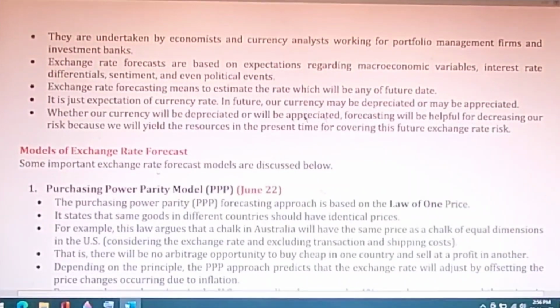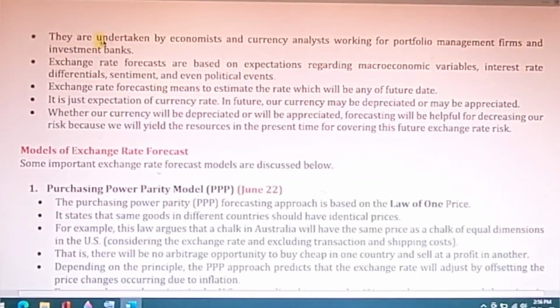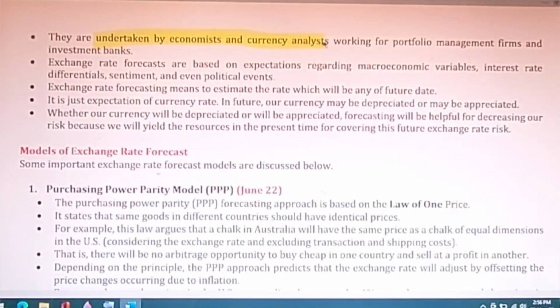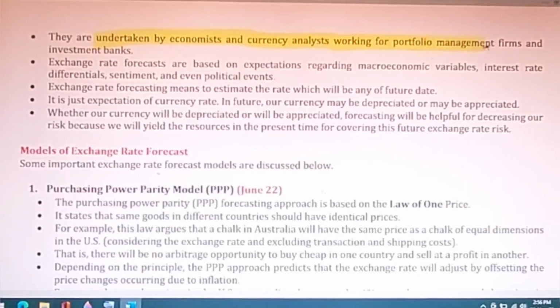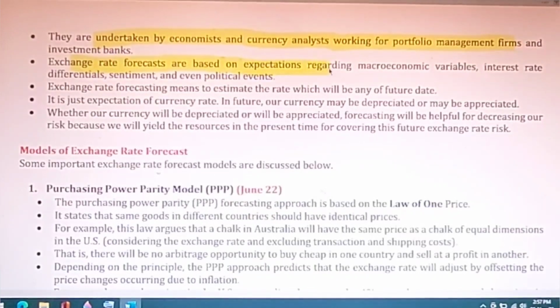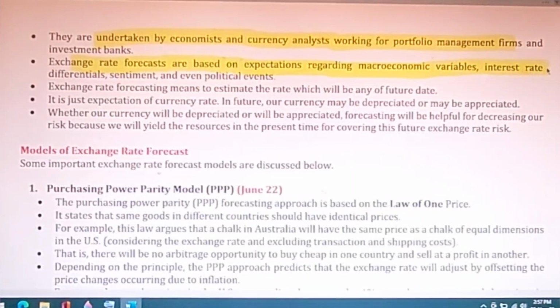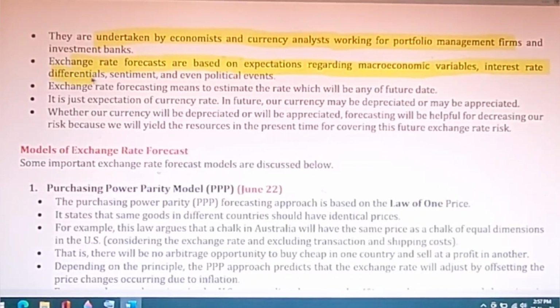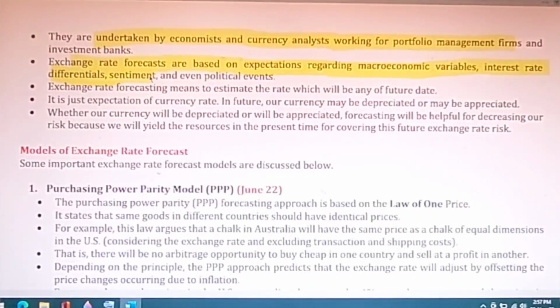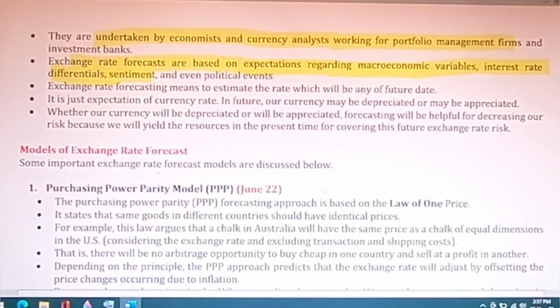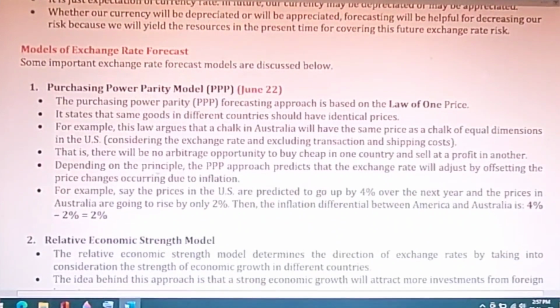As you can see here, they are undertaken by the economists and currency analysts working for portfolio management of the firm. And exchange rate forecasts are based on expectations regarding the macroeconomic variables and interest rate differentials. So it is just an estimation, and based on that, the calculations are made.